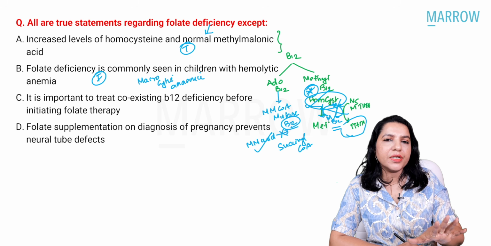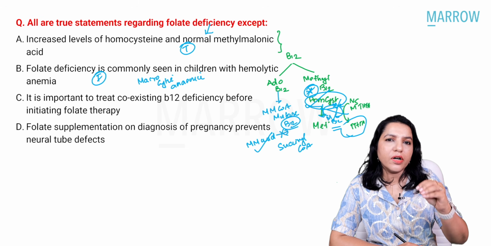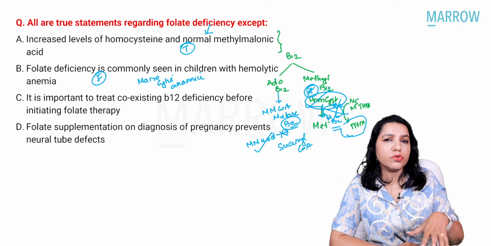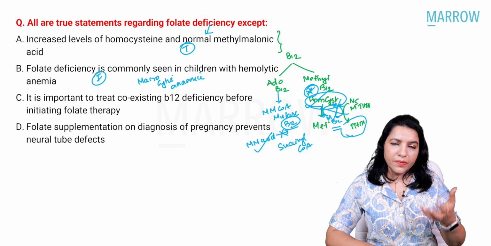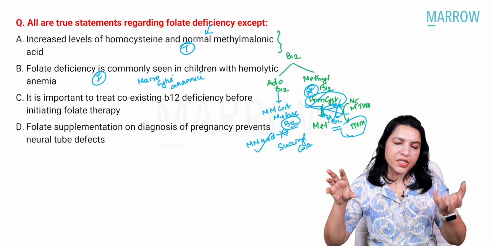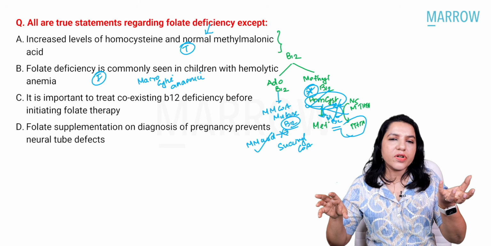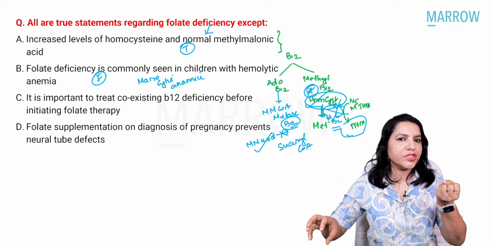Otherwise, if you are giving only folic acid in the case of anemia caused due to B12 deficiency, all the folic acid will be trapped. As long as there is a B12 deficiency, N5-methyl THFA is not getting converted to THFA.